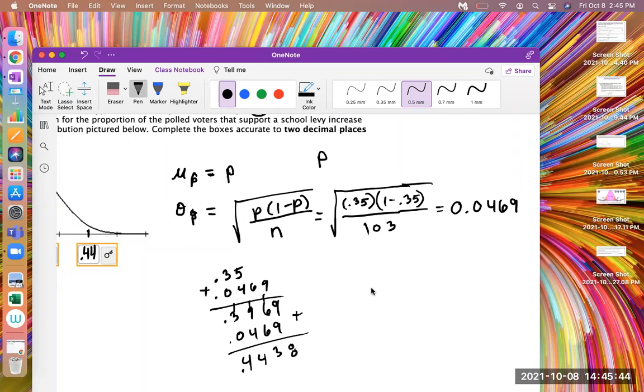The mistake some students would make is they would do the square root of just the numerator part, and then take this answer and divide it by 103. But no, the 103 has to be under the square root as well. And so it's best just to do this all in one thing in your calculator.